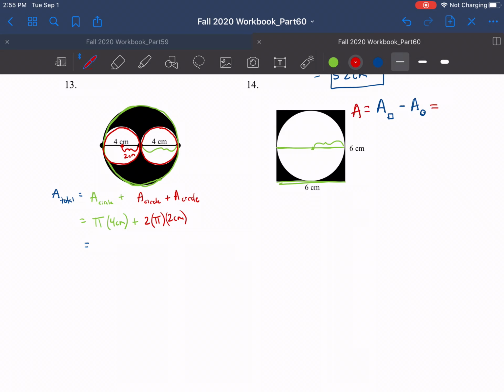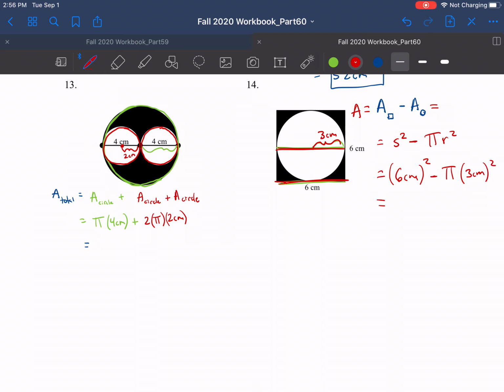And so it'll equal area of the square, which is s squared, minus area of the circle, which is pi r squared. And so s squared is 6 centimeters squared, and then minus pi times the radius. The radius is half of this. So this line here is the same length as that line there, and then our radius is half of that. So 3 centimeters, so times 3 centimeters squared.